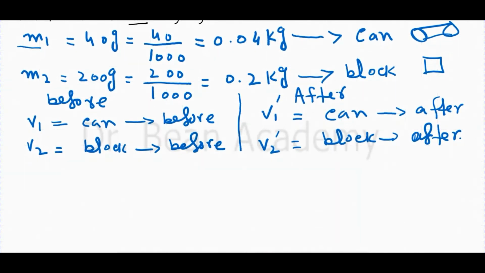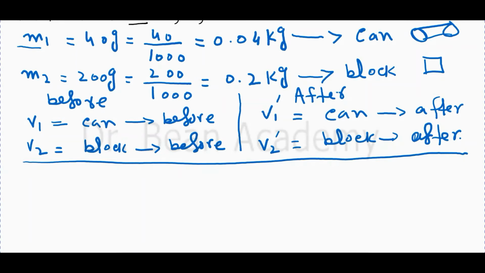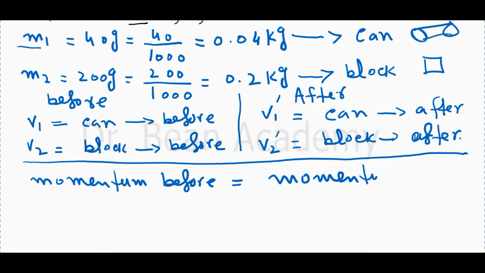The law of conservation of momentum says that if a system is composed of components, then the sum of all the momenta of the individual components before the event equals the momentum after the event.